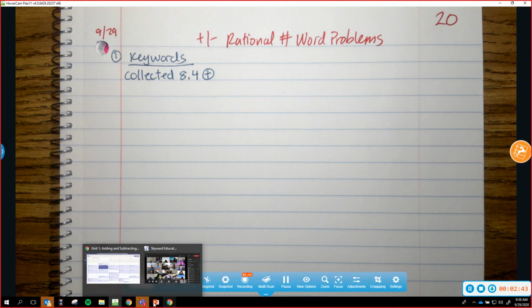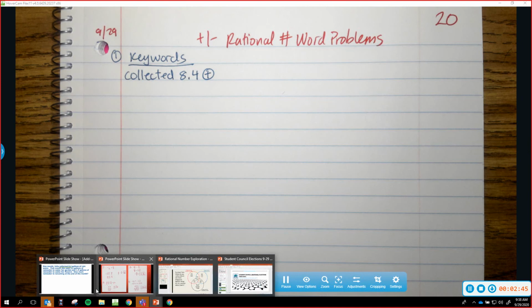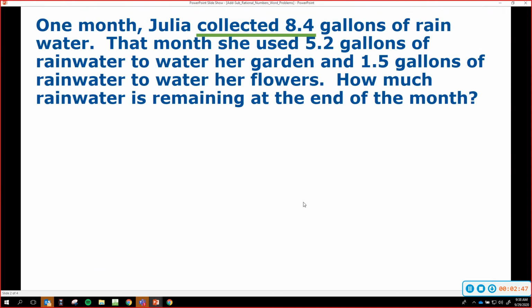Alrighty. Tolene, let's keep it going, okay? Let's do the next one. What's the next number I noticed, and is there any keywords attached to that number? The next number with the keyword is 5 2/10 because there's used, which would make it negative. Awesome. So we used 5 2/10, and we used 1 5/10, right? Absolutely. I went ahead a little bit of you.